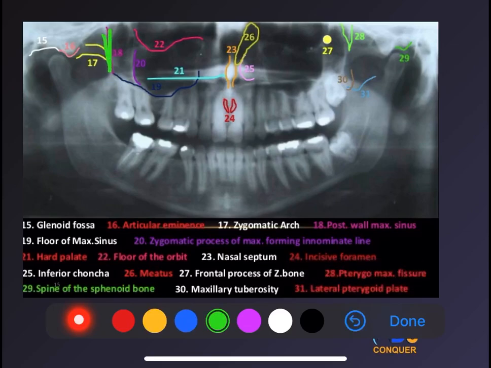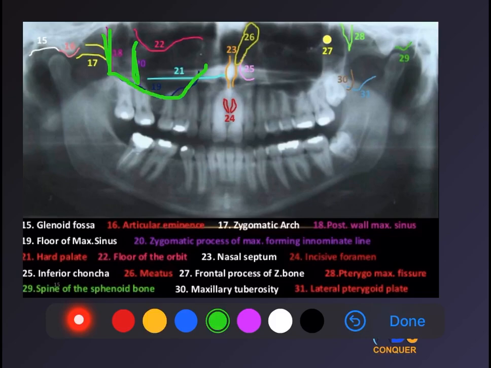Next, 19 is the floor of the maxillary sinus, and 20 is the zygomatic process of the maxilla, which is forming the innominate line.